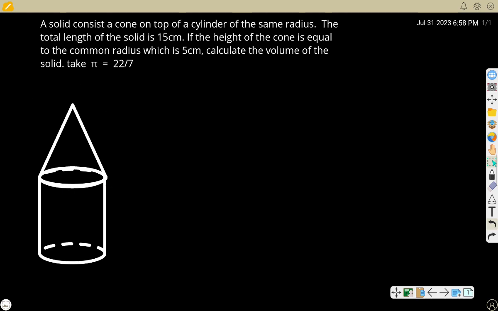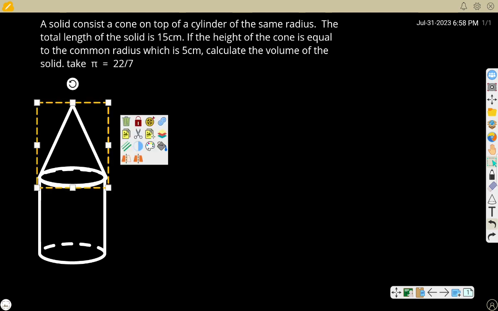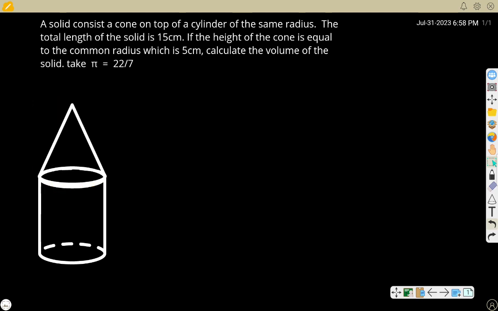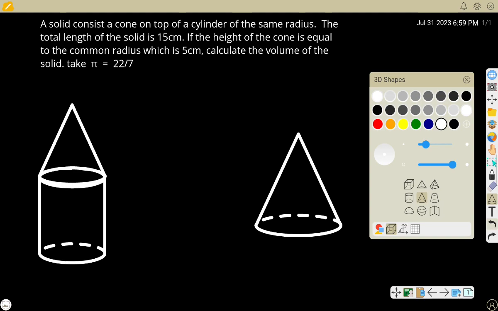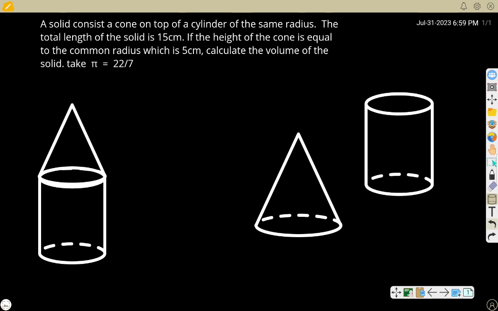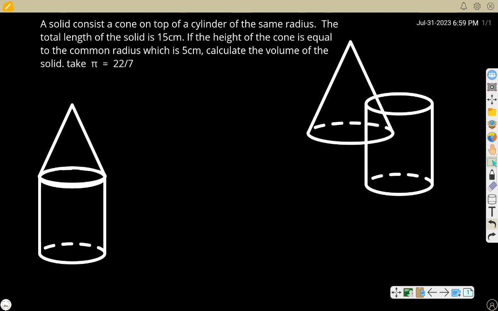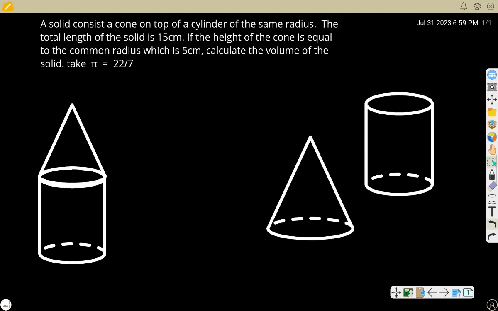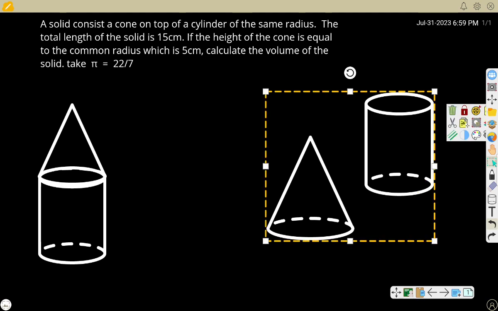So as you can see now, we have a cylinder and a cone on top of that cylinder. You see the shape separates. So you have a cone, and you also have a cylinder. Then you bring the cone on top of the cylinder, so we have that shape. So take note. Now let's proceed.